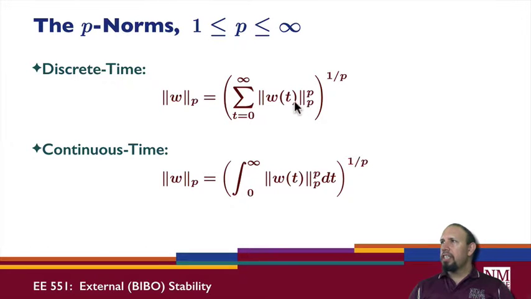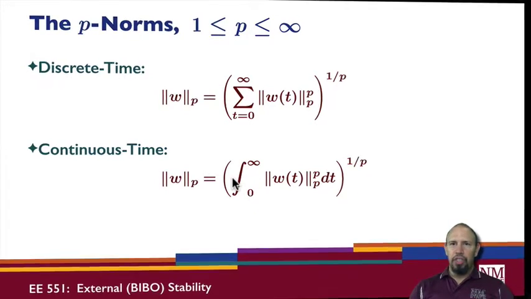Remember, this is equal to the sum of the absolute values raised to the pth power. Ordinarily, to actually compute the norm, we would do 1 over p, but now we're just not going to do the 1 over p yet. Then we sum, and then we do the 1 over p. In continuous time, this is how we define the p norm for a vector valued signal. So we have those definitions.